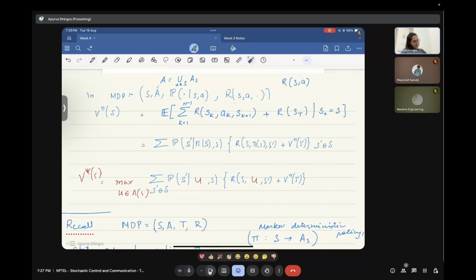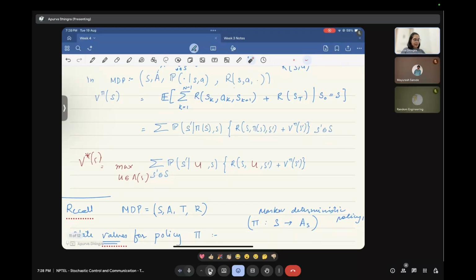Okay, so my claim is, and I'll prove this below, that this value function has the exact same form as this. And to find the optimal value function, what we're required to do is just take the max over u.